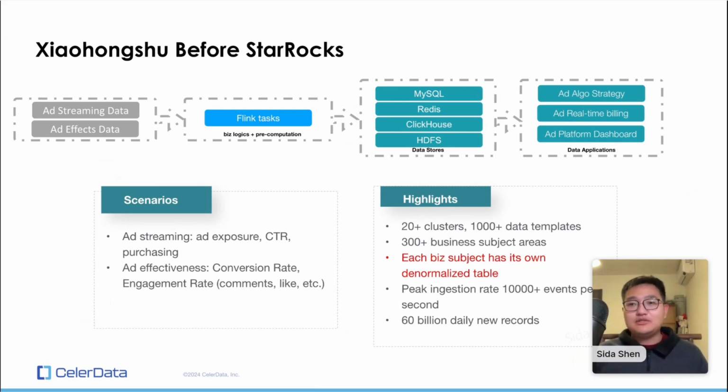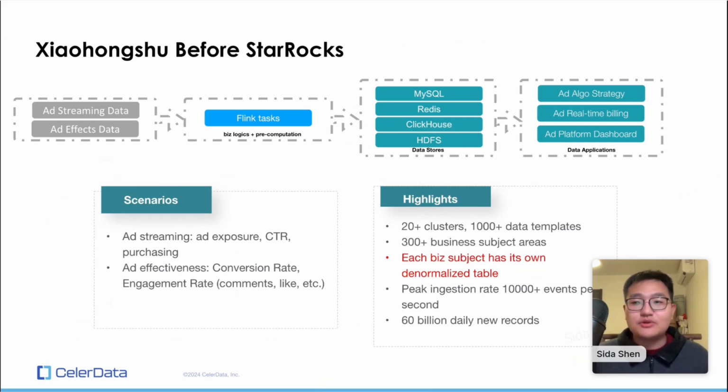And feed them into a whole array of different databases to do data serving, right? Something like MySQL or Redis for highly concurrent use cases, and ClickHouse for those that need a little more computation at the end, right? And that serves dashboards, billing, algo strategy, and that kind of stuff, right?